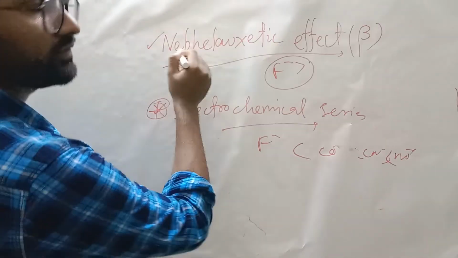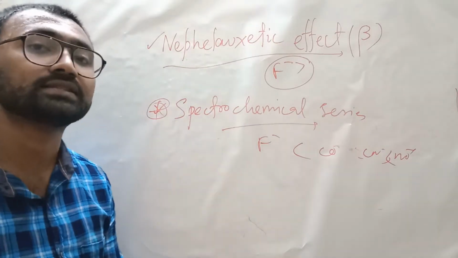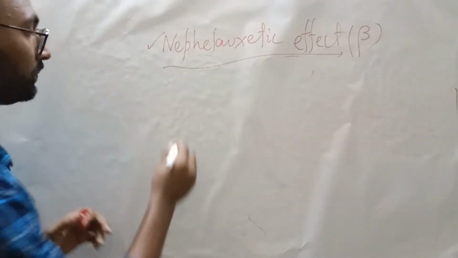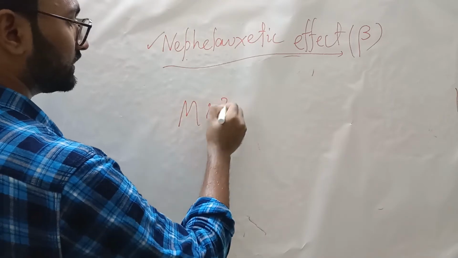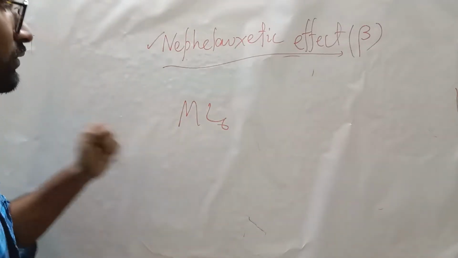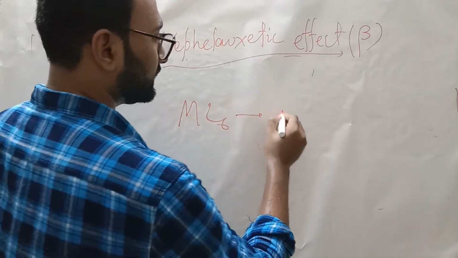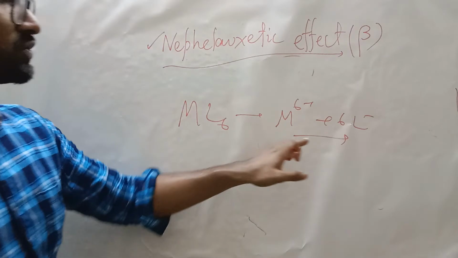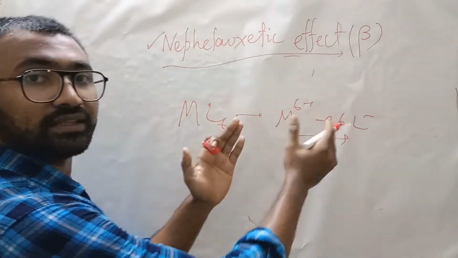So basically the nephelauxetic effect gives us the idea of covalency. If a complex is totally ionic, then they remain as M plus and L minus, so they cannot share electrons.